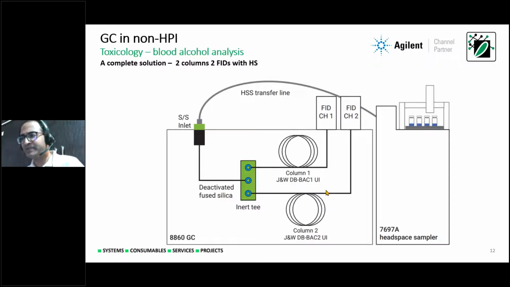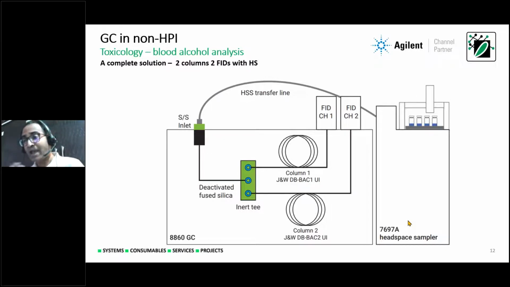Once again, for the headspace, there are three options: either a 12 vial headspace, or a 48 vials headspace, or the 111 vials headspace. The 48 vials headspace, which number wise is 8697A, is the latest model from Agilent, and it comes with all the latest modifications that one can offer.